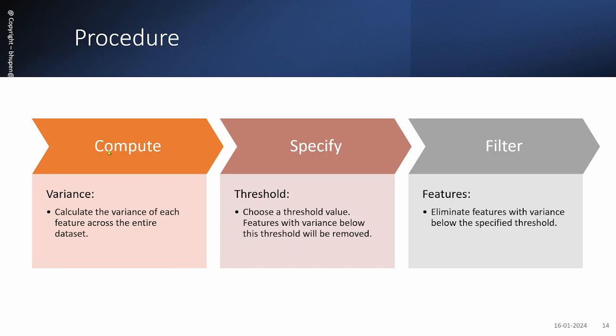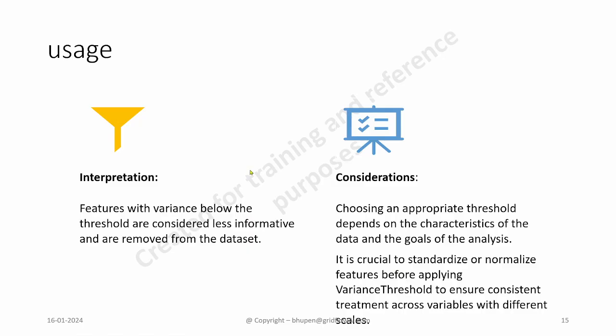So essentially, we are going to compute the variance of each of the columns. Then you specify the threshold, compare the variances with the threshold, and then find out which features are candidates for removal. So the idea is, a column with a low variance may not be good enough, so we can consider it for removal.